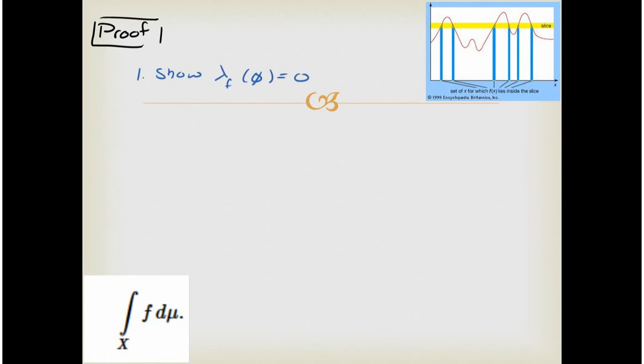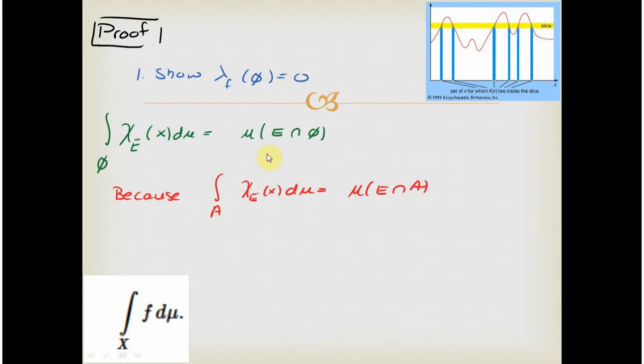Well, first I have to show lambda of the empty set is 0. I just go through the properties. So by definition, lambda of the empty set on a characteristic function, for example, is equal to mu of E intersect empty set. Where does that come from?